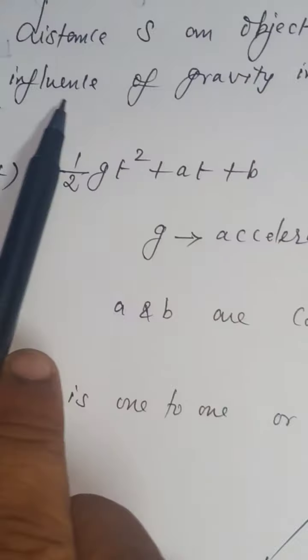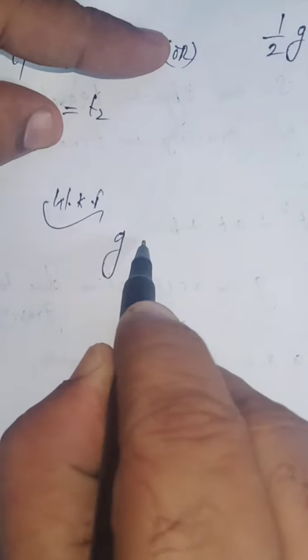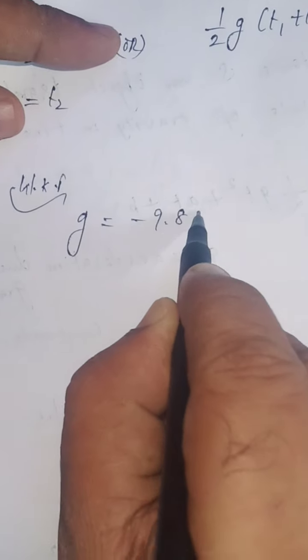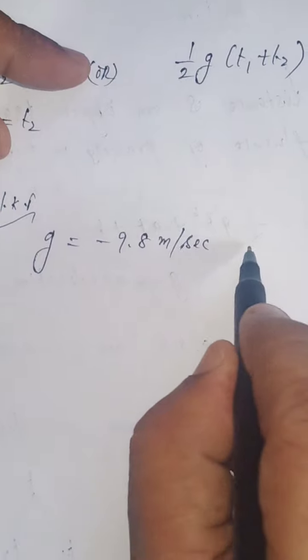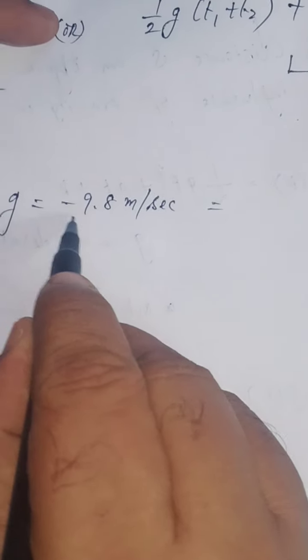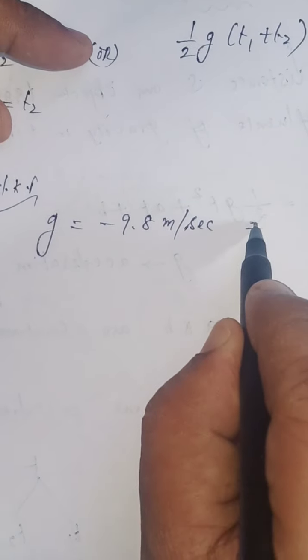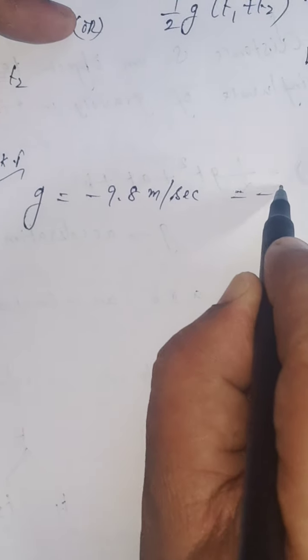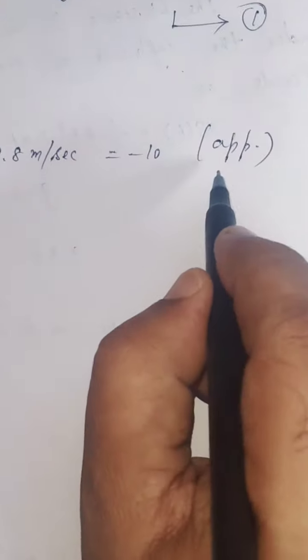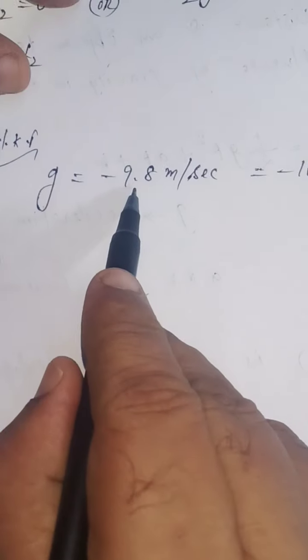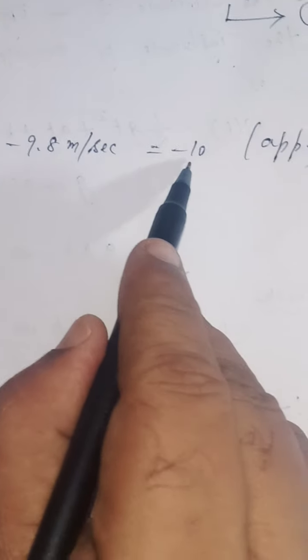So the influence of gravity is given, no? So g, you know very well, g equals minus 9.8 meter per second squared. I consider 9.8 approximately as minus 10. Approximately, minus 9.8 I have taken approximately as minus 10.